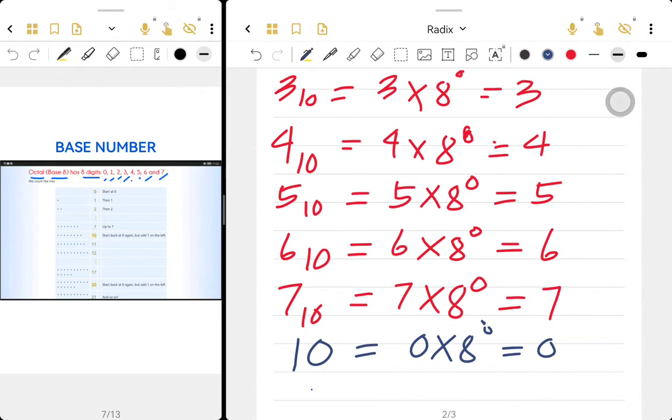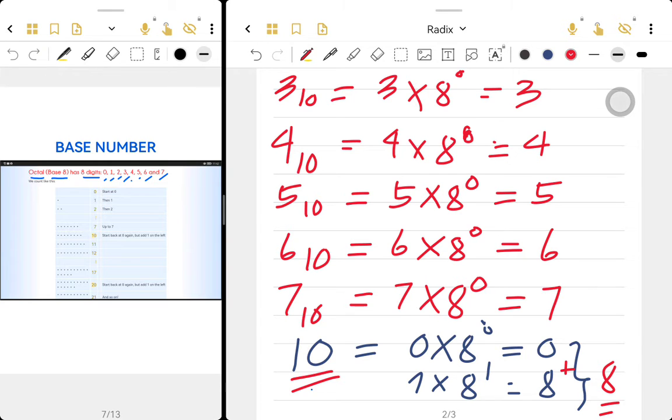And then 1 times 8 raised to 1, that is 8. And then you are going to plus 0 plus 8. Okay, 0 plus 8, that is 8. Therefore, this 10 is equivalent to 8.